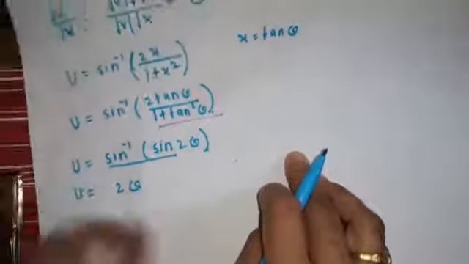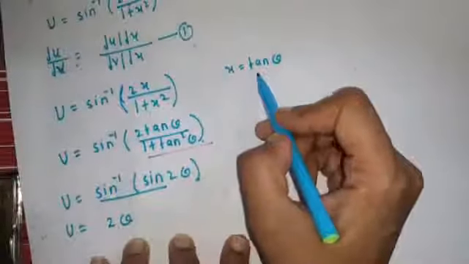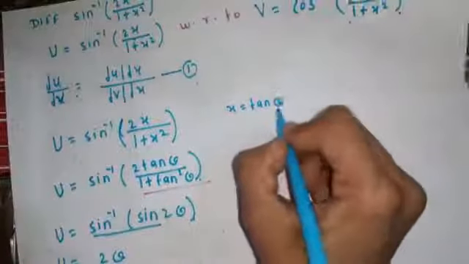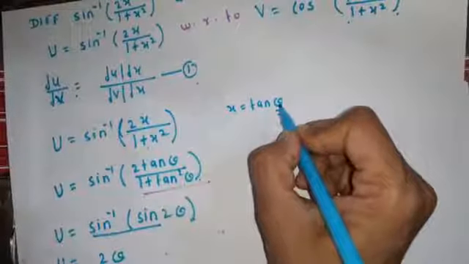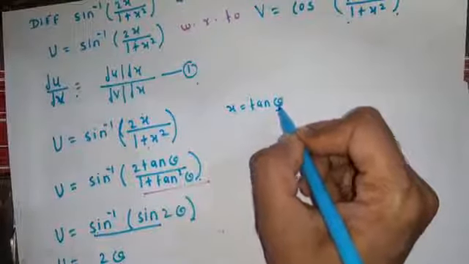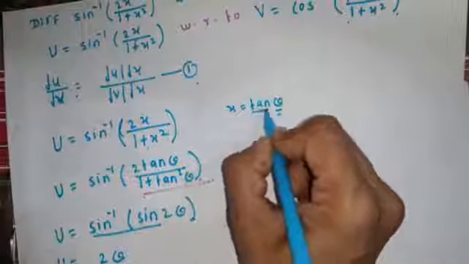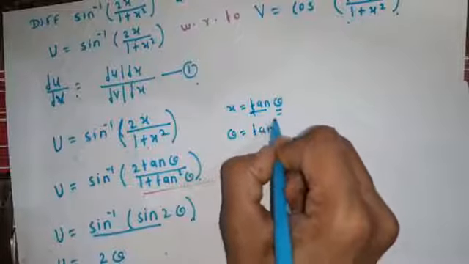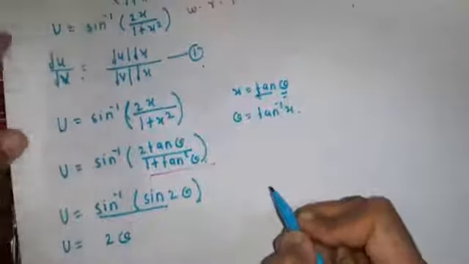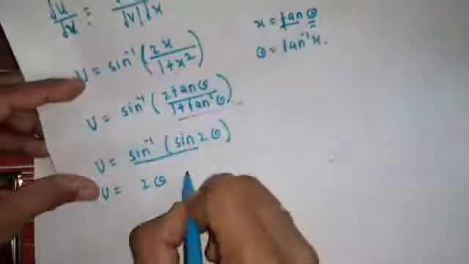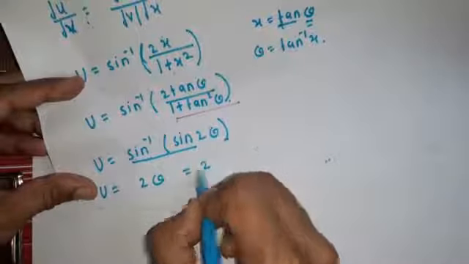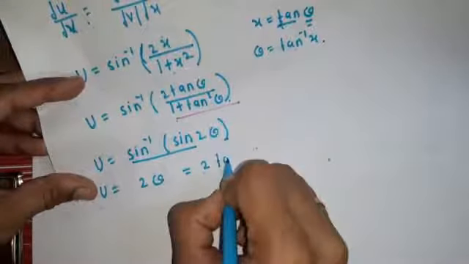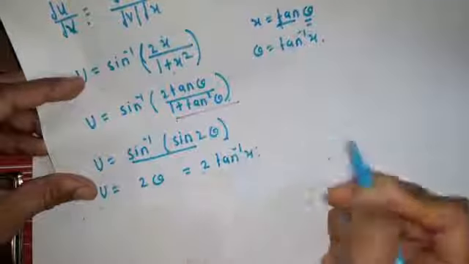But see students, here we have substituted x equal to tan theta. To find theta, shift tan to that side, we get theta equal to tan inverse of x. Therefore u equal to 2 tan inverse of x.